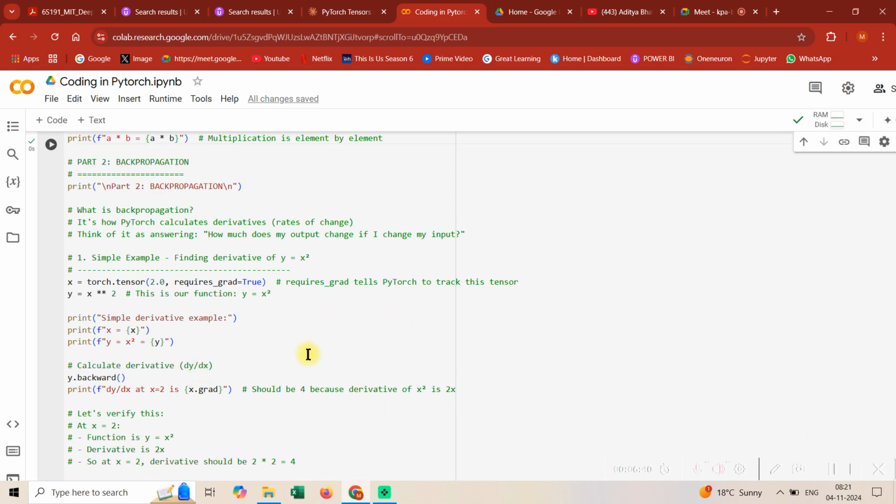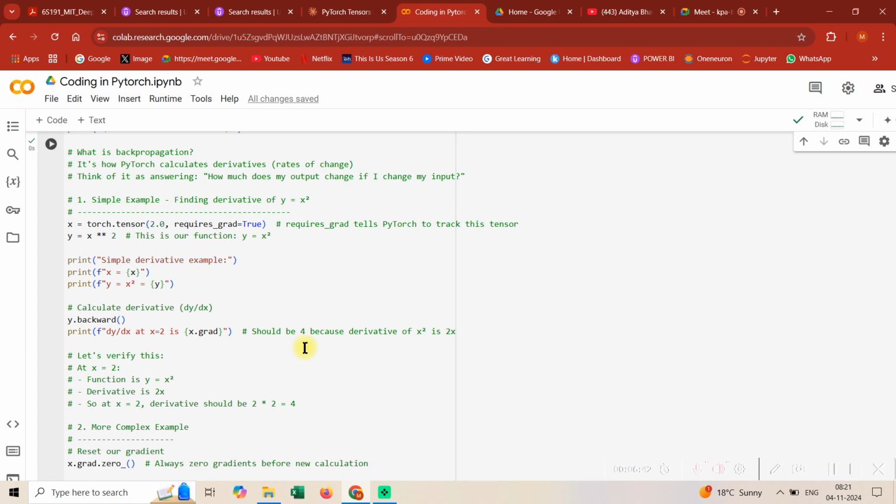This is essentially a very important part, and I was explaining this to you as well. Let's say you create a tensor in PyTorch, that is torch.tensor 2.0. So you're creating a simple array that has one value, that is 2.0, and requires_grad is equal to True. Now guys, it's important to note that whenever you write this parameter, requires_grad, it tells PyTorch to track the tensor.